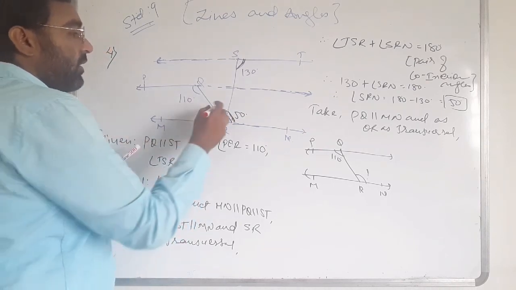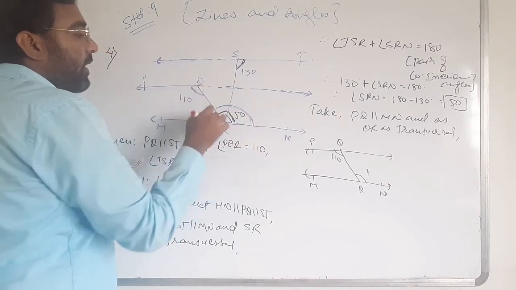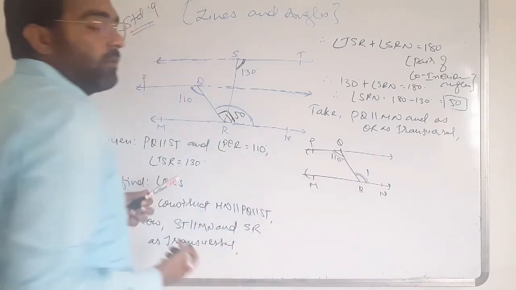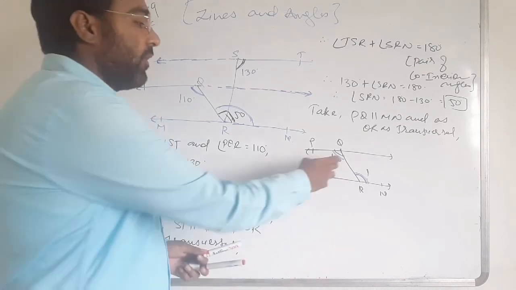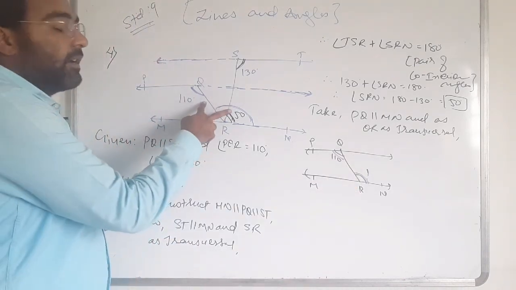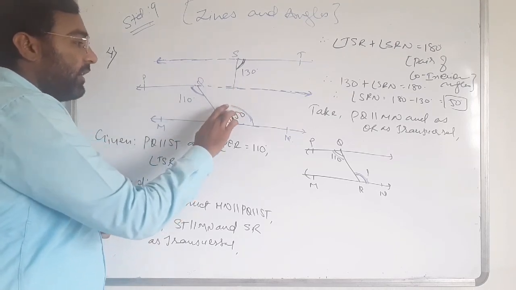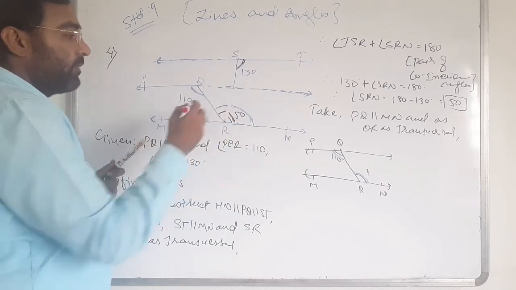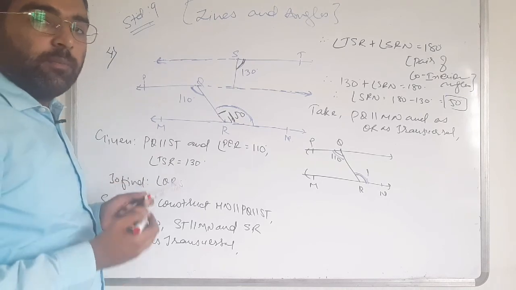This QRN is equal to this PQR, alternate angles, because they are formed in the interior part on opposite sides of the transversal. So they are alternate angles. Here I'll remove this line first. Now you can see. Clear?